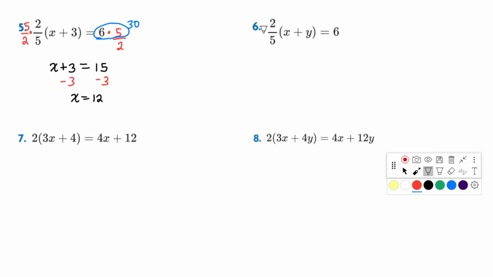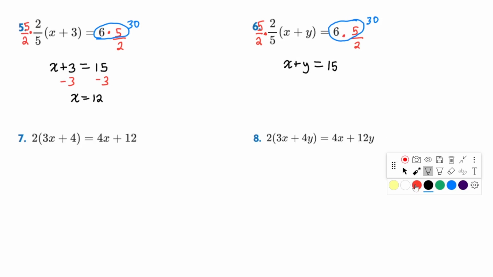So again, start by multiplying by the reciprocal of 2/5, which is 5/2. That leaves us with x plus y equals, and again, I'm going to take the 6 times the 5, which is 30, divide by 2 is 15, and we want to isolate the x.